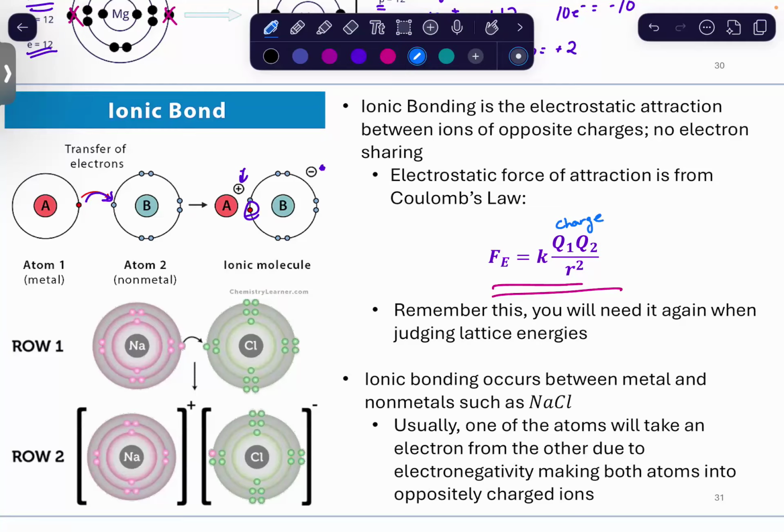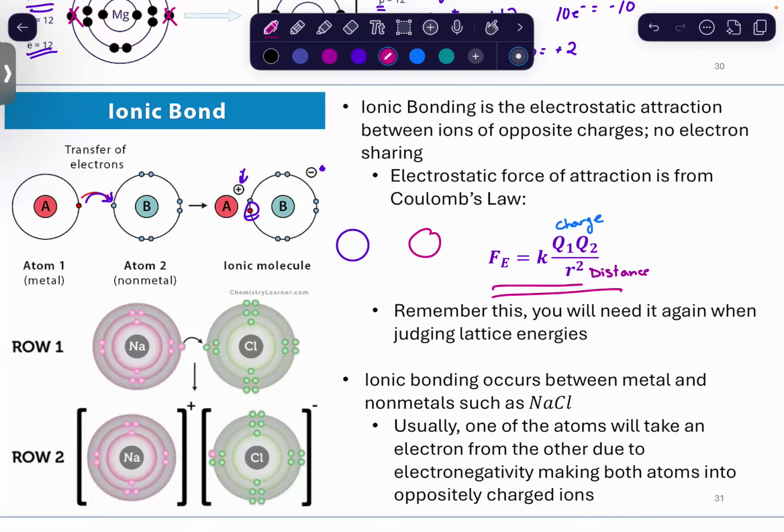Charge of ion 1, charge of ion 2, and r is the distance separating the two ions. So if you had an ion here and an ion here, you're really going to go from the center of mass of the ion to the center of mass of the other ion. This is your value r, the distance between the two ions.